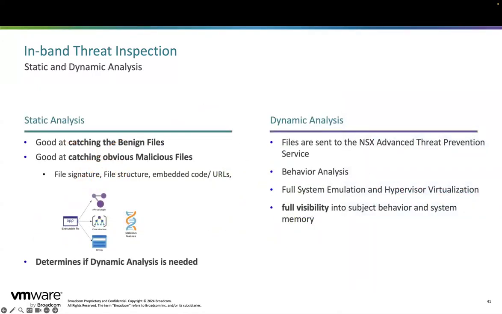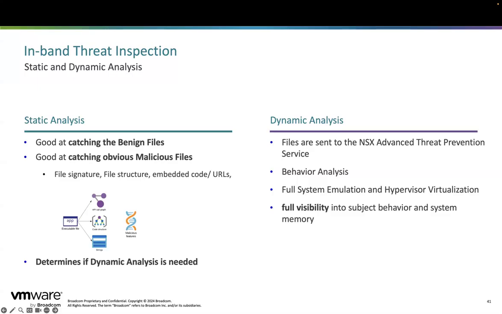So just a quick look at the static versus dynamic. Static is good at catching the benign files, things that are okay. It's good at catching obvious malicious files, things with bad signatures, bad file structures, embedded bad code or URLs. And the static analysis also determines if that next step of dynamic analysis is actually required.